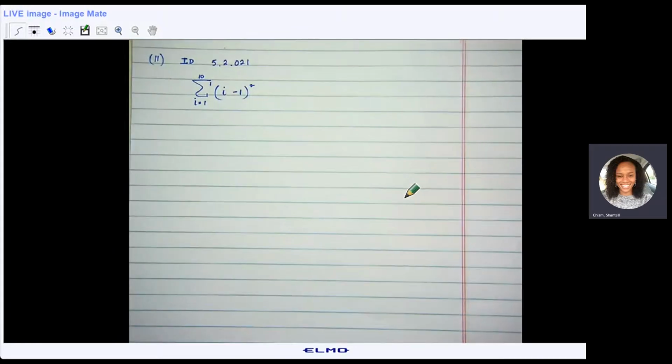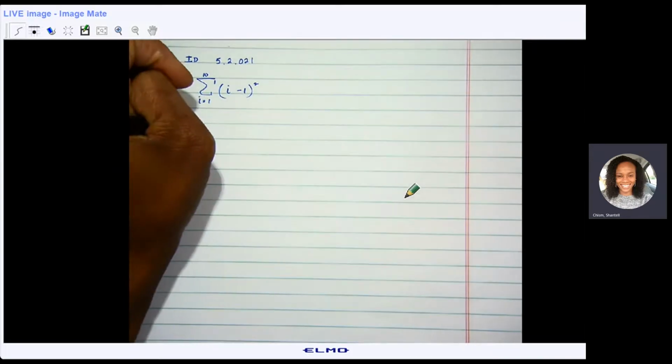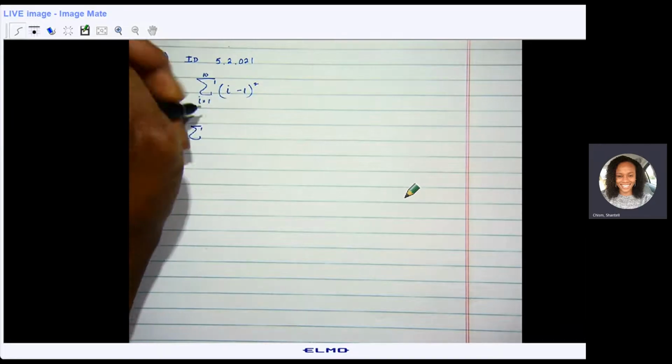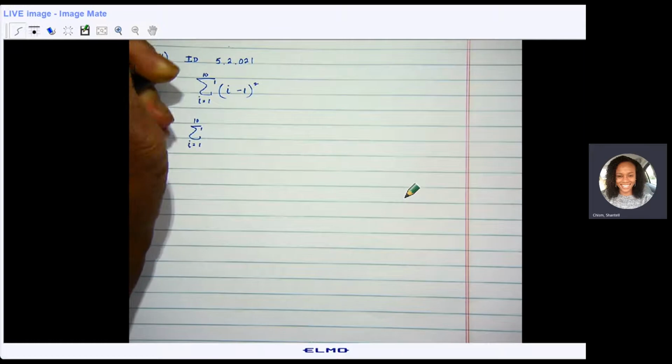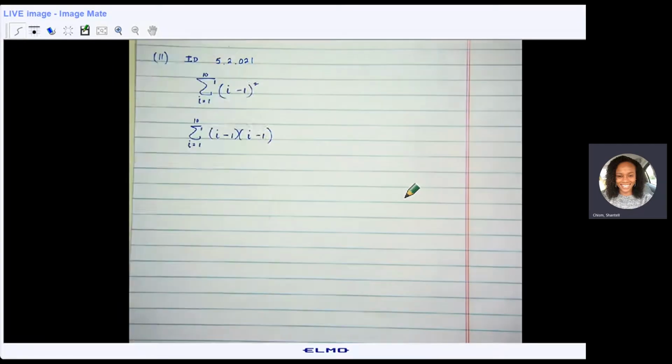Okay? First thing I'm going to do is expand that. Since that is (i minus 1) squared, let's see what happens. I'm feeling like I probably will FOIL, okay?